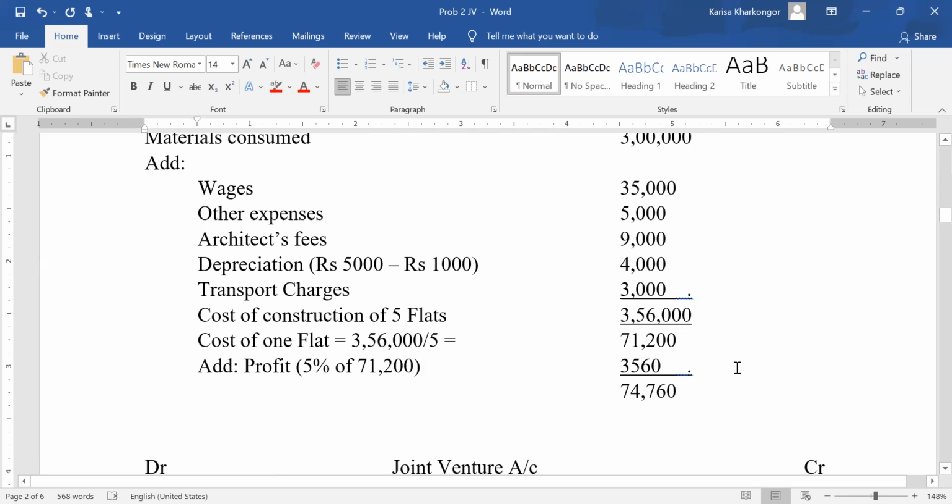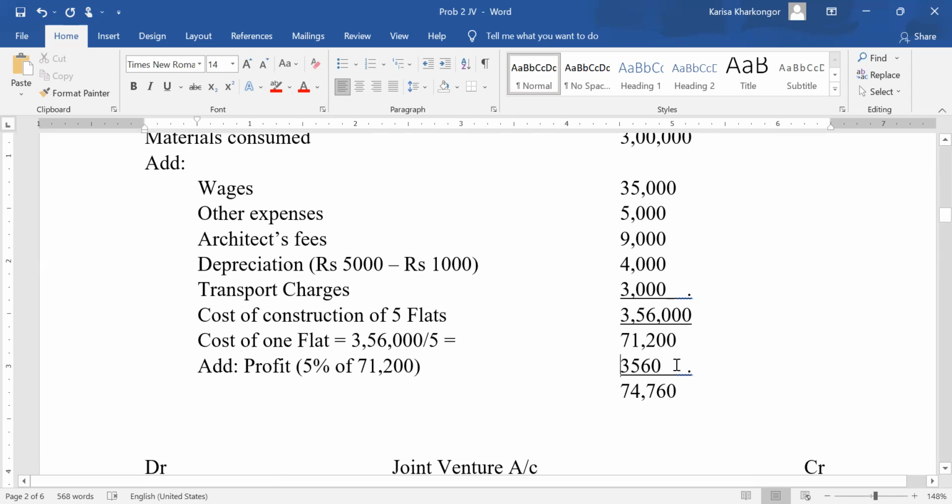The unsold flat taken over by Ujjwal. Ujjwal took over the flat at the cost of construction plus 5% profit. So we add 5% profit, 5% of 71,200, which comes to 3,560.